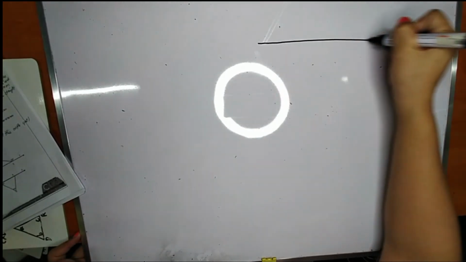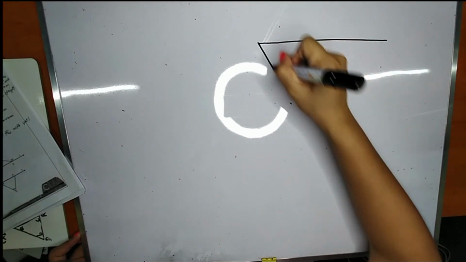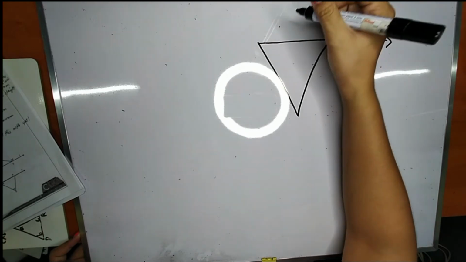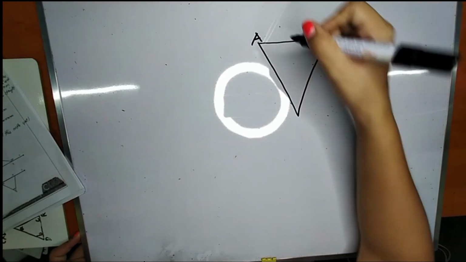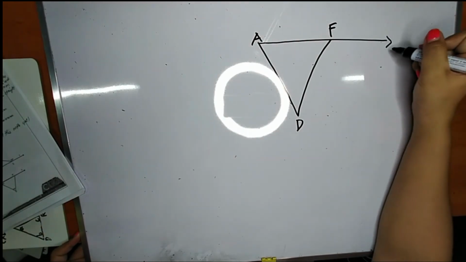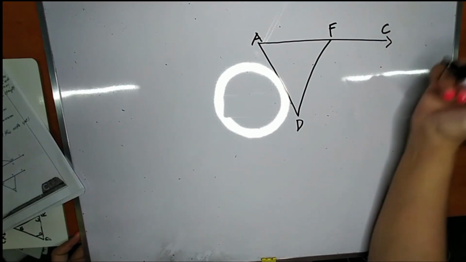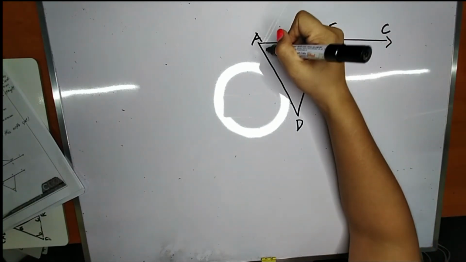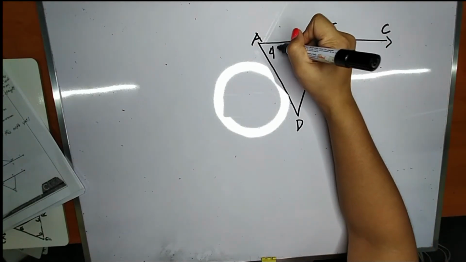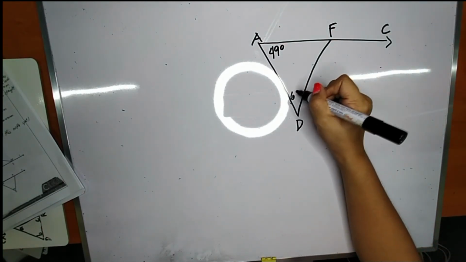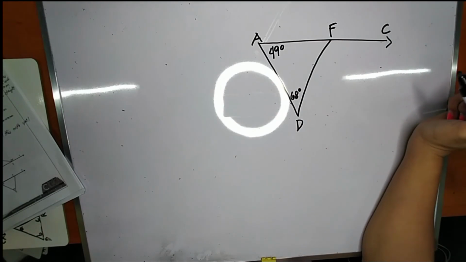this figure. Triangle A, D, F, with an extension point C, and we have angle A as 49 degrees, and angle D, which is 68 degrees.